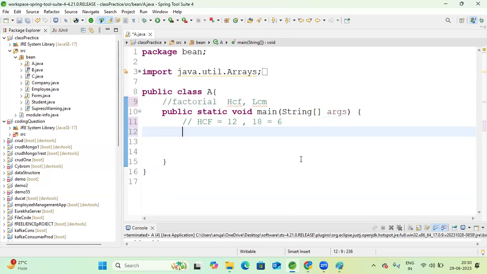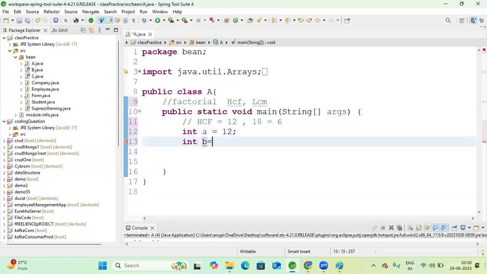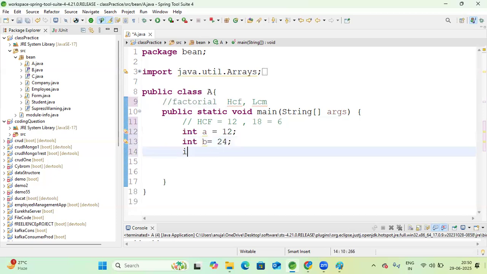Let's say there are two numbers, A equal to one number and B equal to 24. And HCF is a variable; currently I am storing 0.